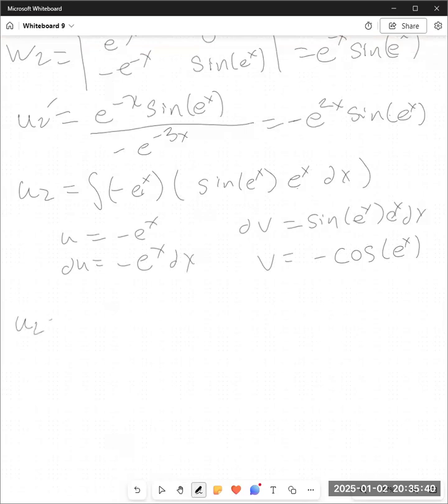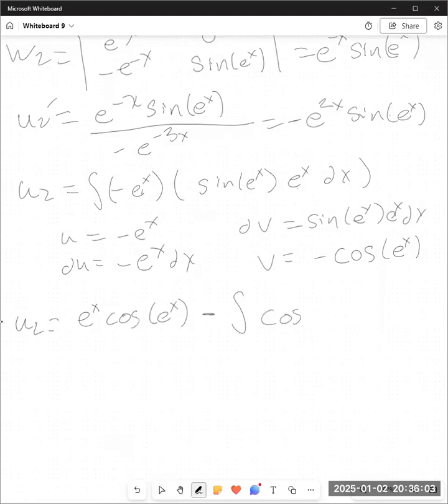So u2 is uv, so negative negative makes a positive, e to the x cosine of e to the x, minus the integral of v du. There's a minus in the formula, minus minus, so it comes out to be a negative altogether.